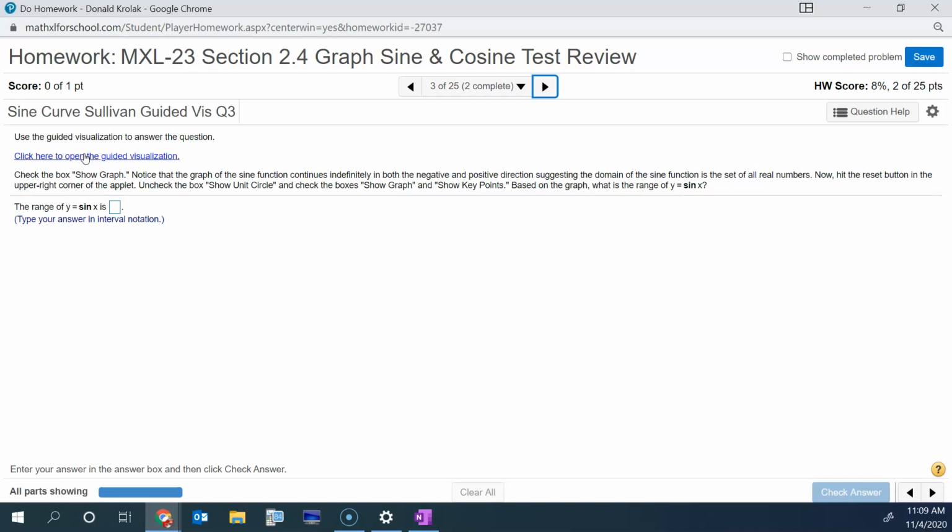Notice the graph of the sine function continues indefinitely in both the negative and positive directions, suggesting the domain is the set of all real numbers. Okay, hit the reset button in the upper right-hand corner, uncheck show unit circle, and check the boxes show graph and show key points. Based on the graph, what is the range of sine?